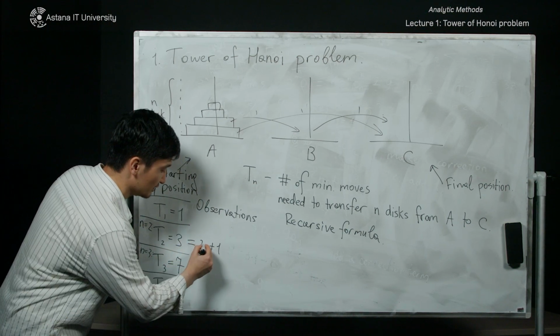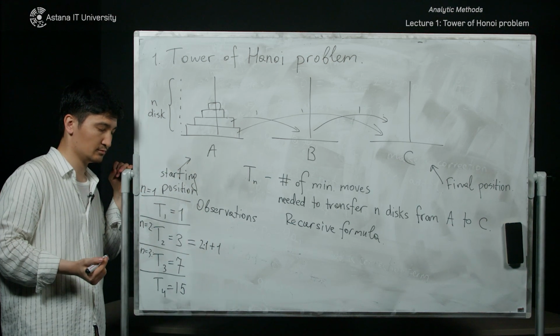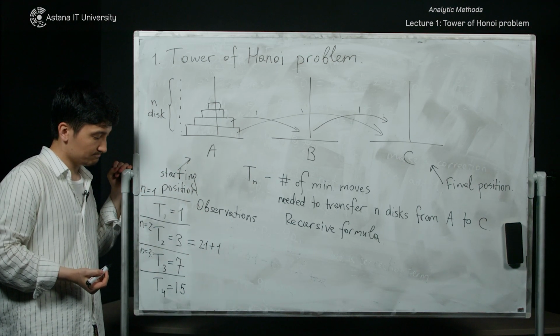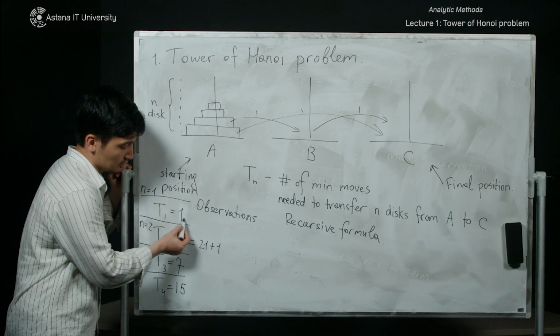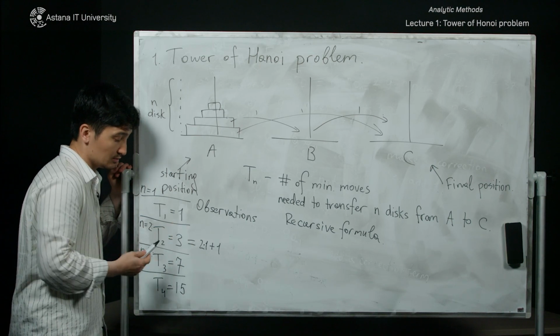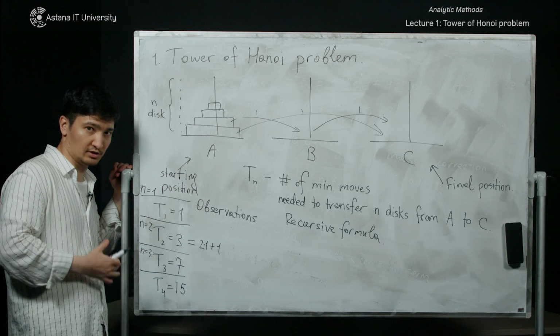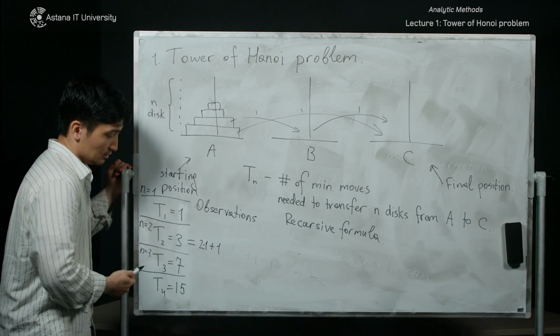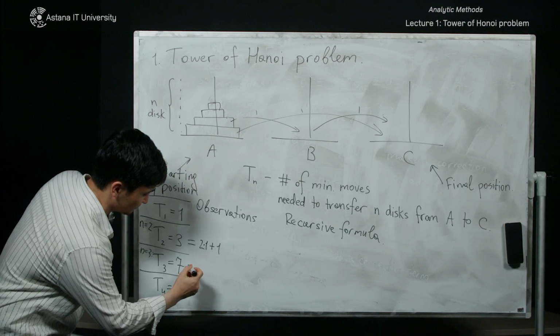And I can write it as 2 times 1 plus 1. So maybe this 1 corresponds to this 1, but I don't know if it works out. This is the method of deduction: we're trying to guess it. Maybe it works out, so let's see with other data.